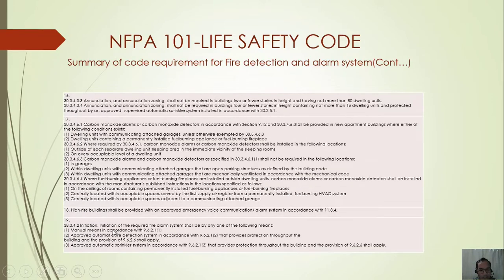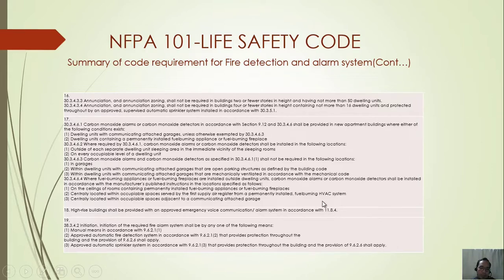Initiation of required fire alarm shall be by one of the following. So either one of the following is acceptable. Either we provide manual pull station anywhere in the building, okay? That is 9.6.2.11 if you will check that one. And mostly in the exits, and if you have a travel distance of more than 61 meters to another pull station, then you need to add more. That is for note 1.